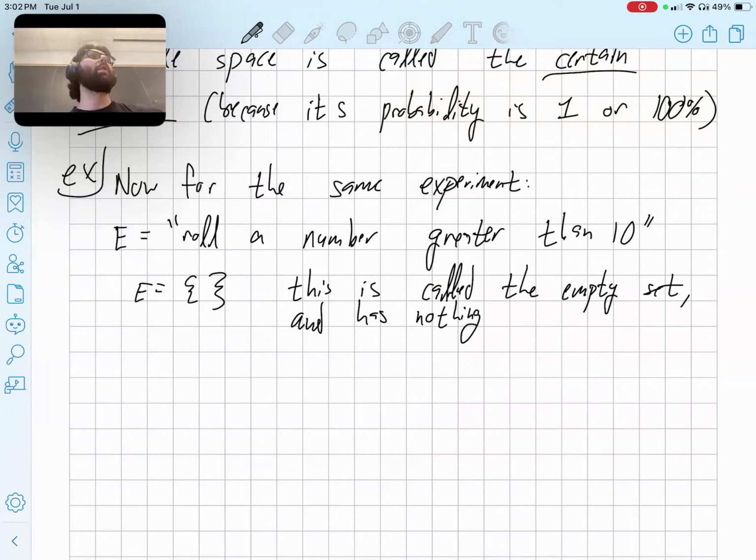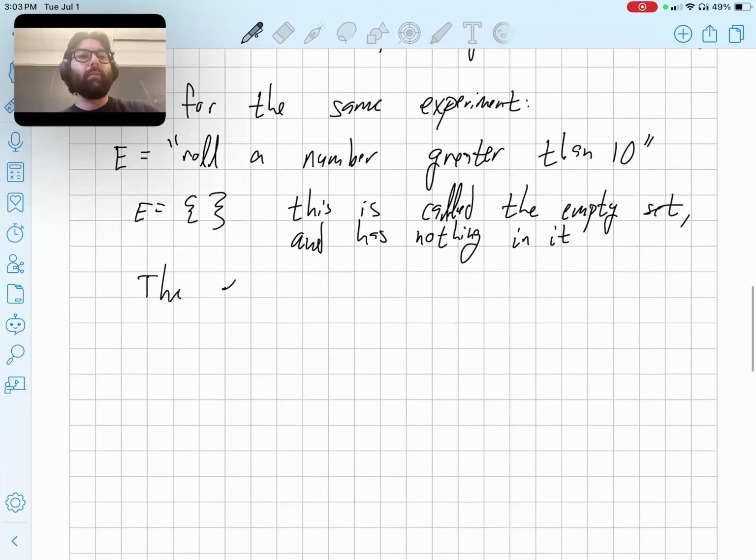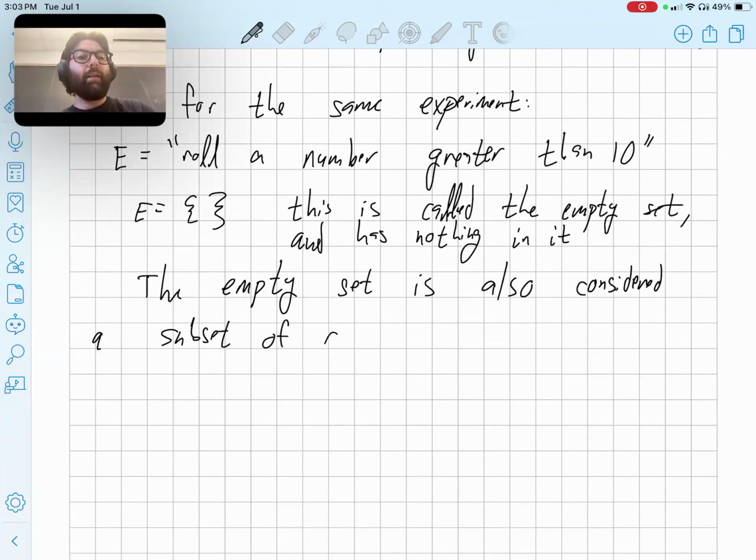You're looking at the possibilities of this experiment, and I'm going to take some of those, but maybe I don't take any. So it's called the empty set and has nothing in it. And the empty set is also considered a subset of any sample space.